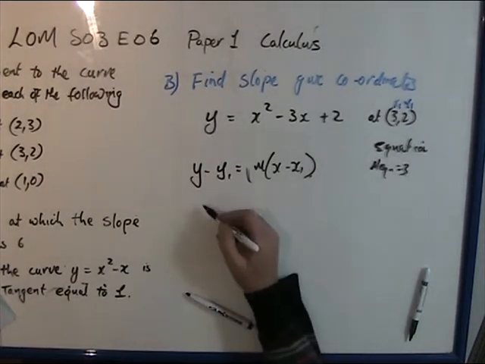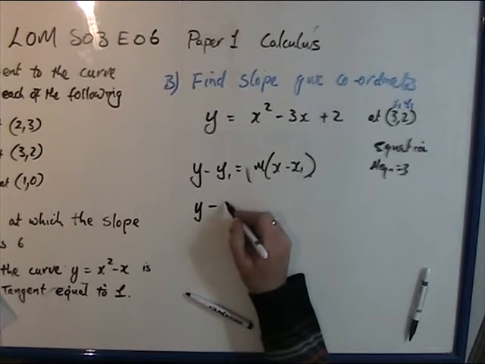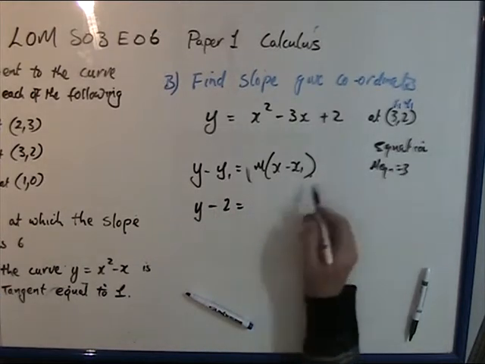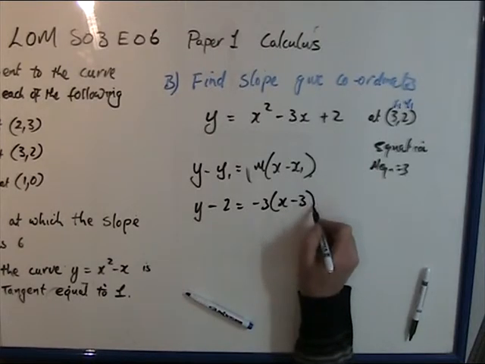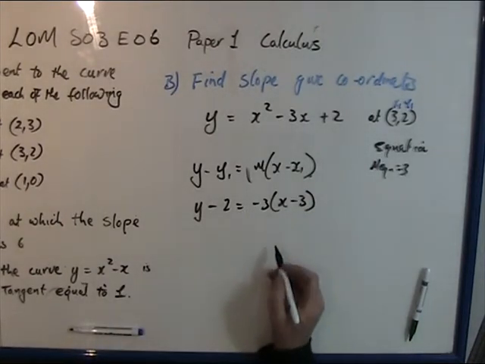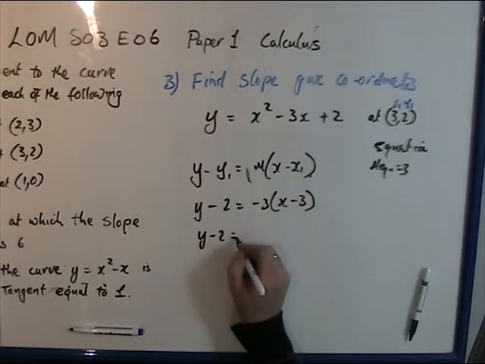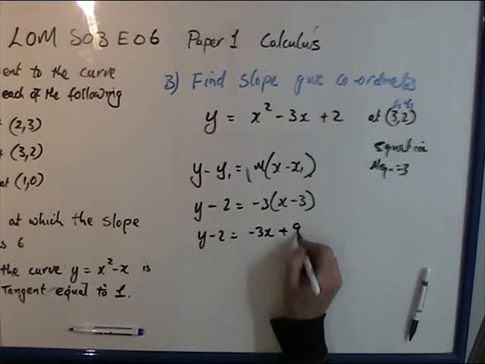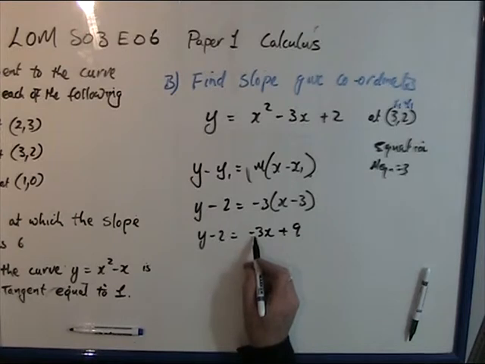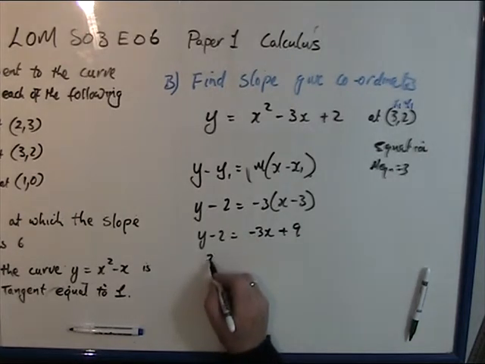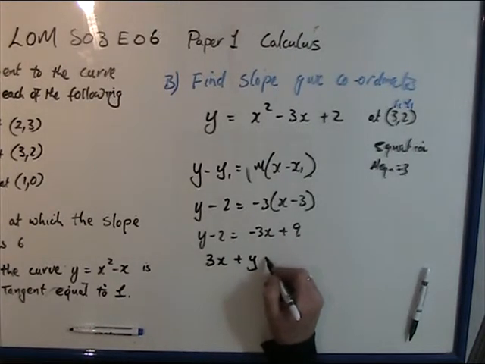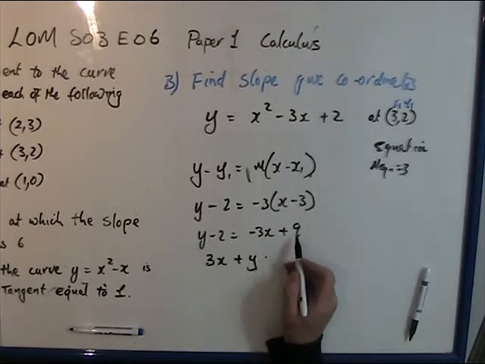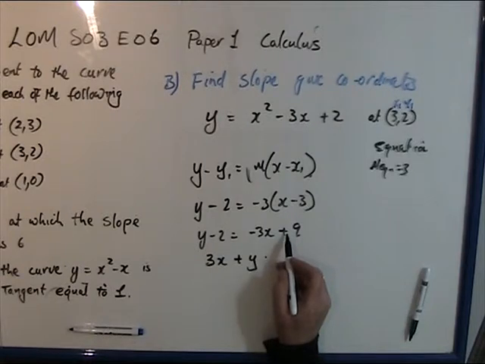And I slip them in. So it's y minus y1, y minus 2, is equal to m, which I found, which is minus 3 at that point, times x minus x1, minus 3. And I work them all out.